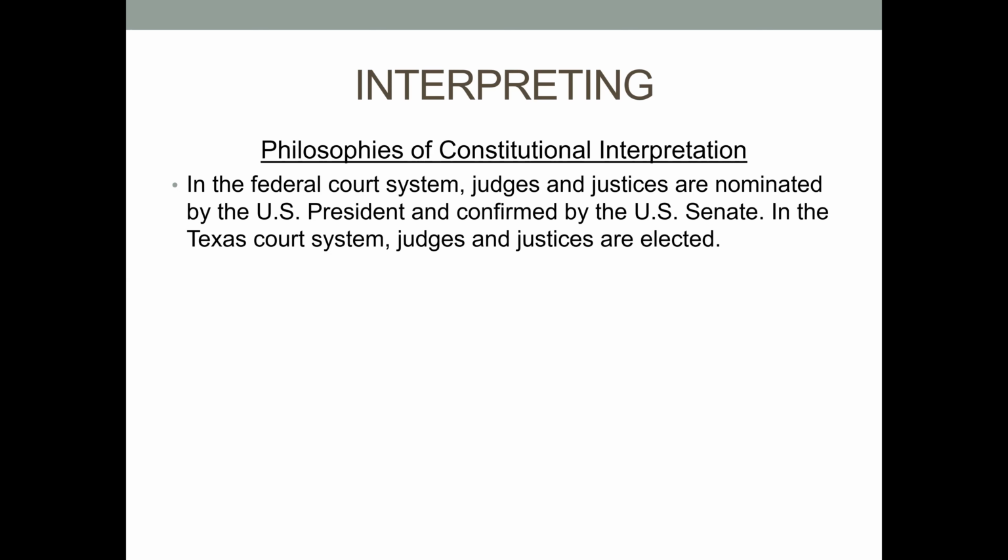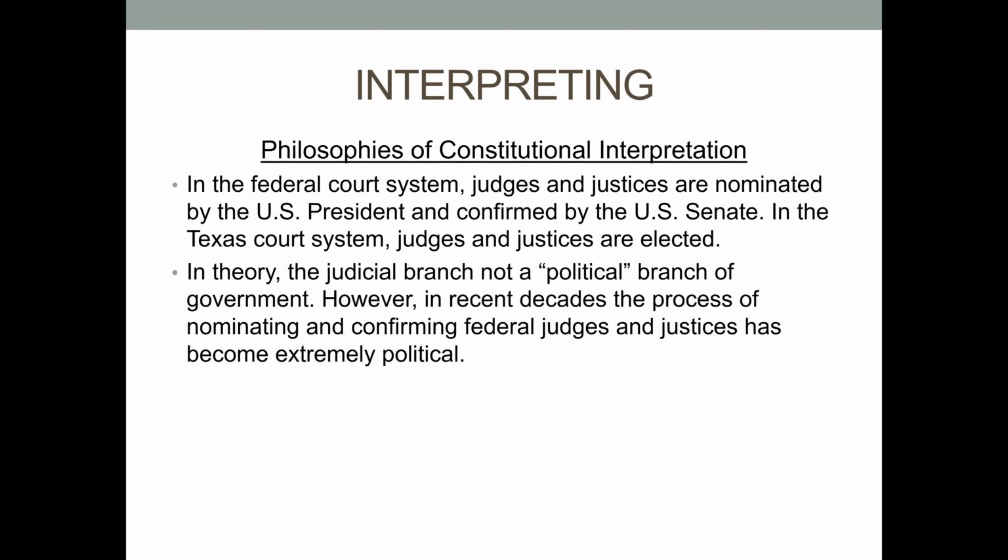Now, in the federal court system, judges and justices from the U.S. Supreme Court all the way down to the United States District Courts are nominated by the U.S. President and confirmed by the U.S. Senate. Now, in the Texas court system, justices all the way from the Texas Supreme Court and Texas Court of Criminal Appeals all the way down to justices of the peace are elected.